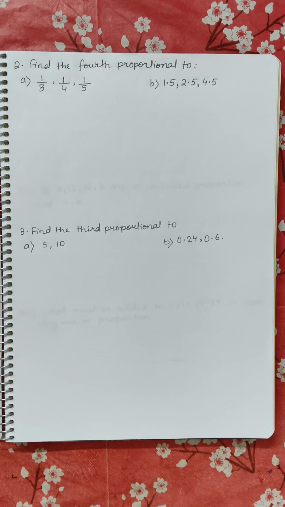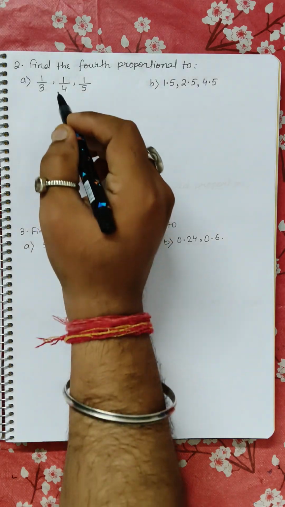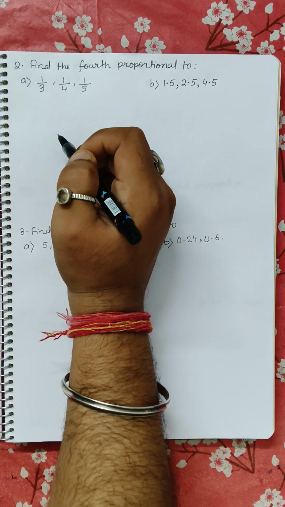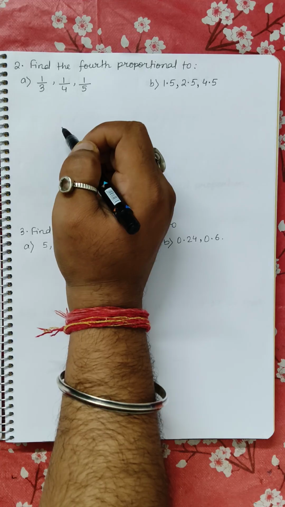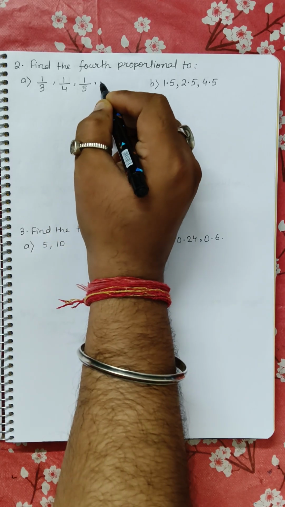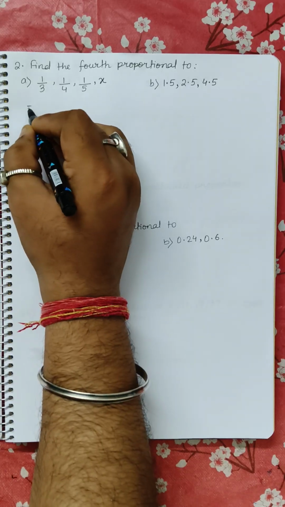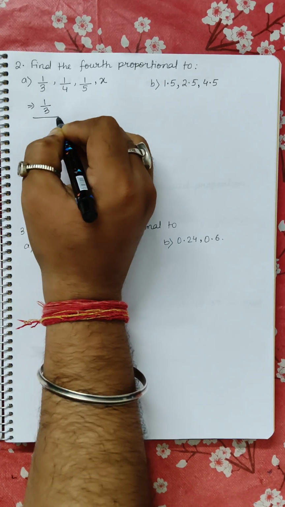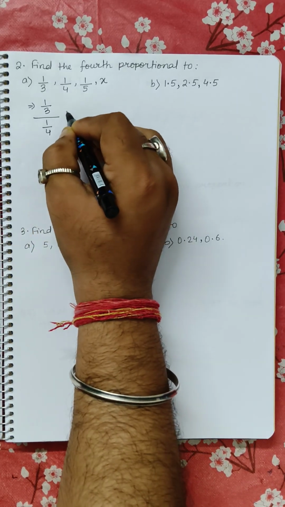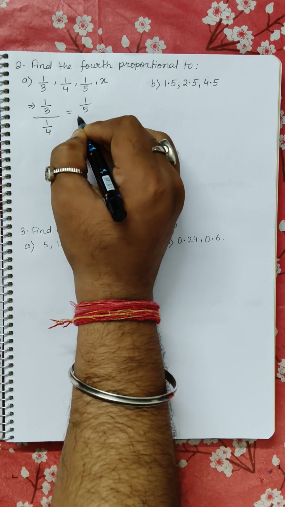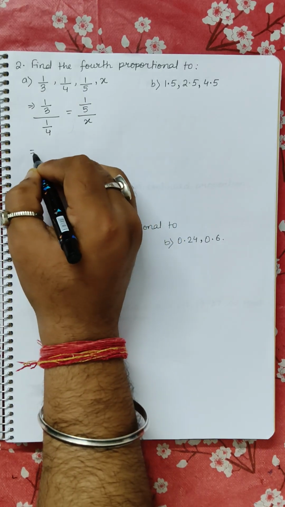See, in the second question, it is given: find the fourth proportion to 1 by 3, 1 by 4, 1 by 5. We will take the fourth proportion as x, so we can write it as 1 by 3 divided by 1 by 4 is equal to 1 by 5 divided by x.